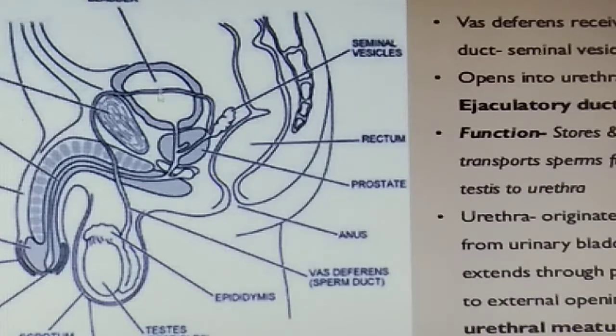So this is urinary bladder, and you can see this structure is urethra. It extends through the penis to the external opening, known as urethral opening or urethral meatus, from where the sperm enters, or the urine is also released from the male body.